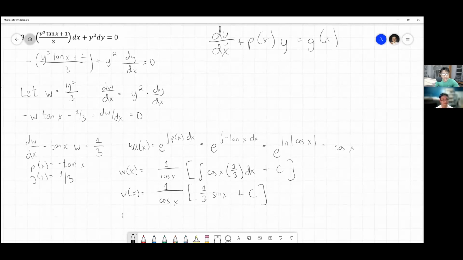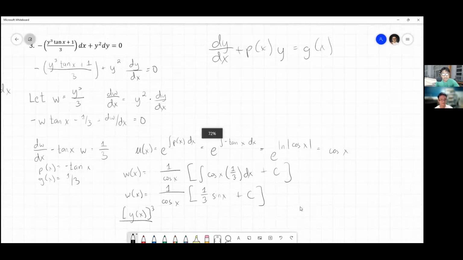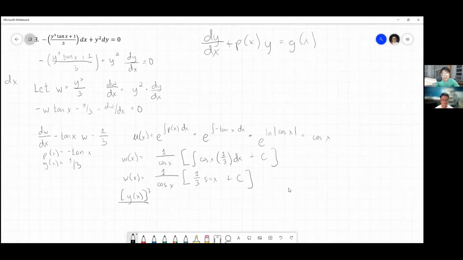So, y of x cubed over 3 equals, siguro distribute na natin yung 1 over cosine x. So, meron tayo ditong 1/3 sine over cosine is tangent of x. And then meron tayong plus c times 1 over cosine, or pwede natin sabihin na secant of x siya.